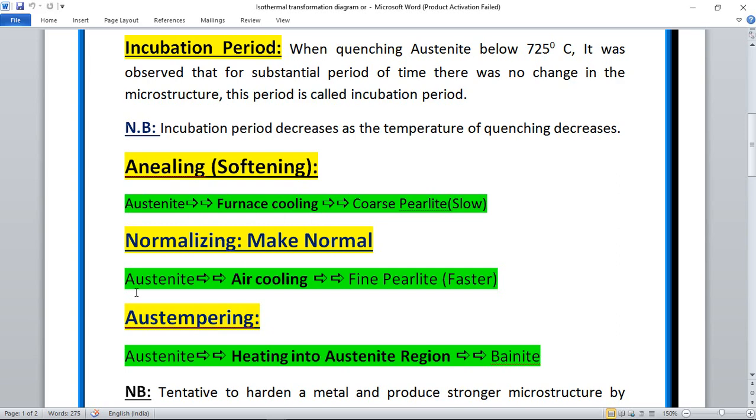In normalizing, austenite is transformed into fine pearlite by air cooling, and it is much faster than annealing, because in annealing we do furnace cooling but in normalizing we do air cooling.